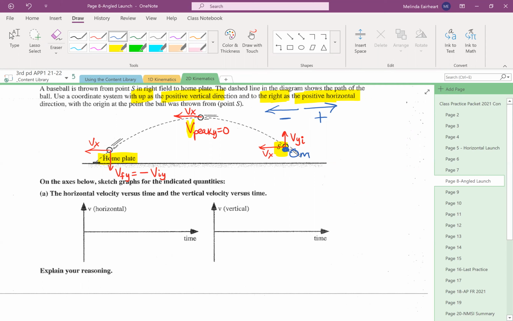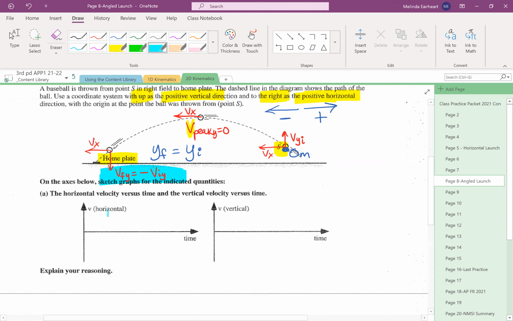And notice we're catching it at the same vertical position. So the final vertical position equals the initial, and so that final vertical component is equal to the initial vertical component.